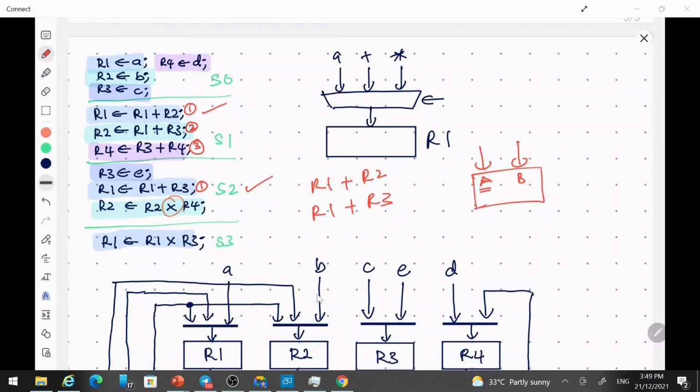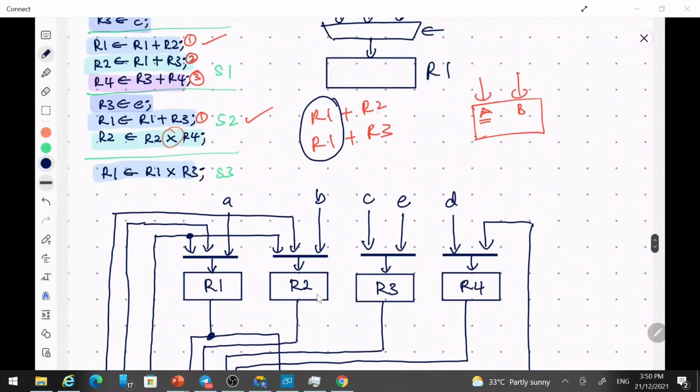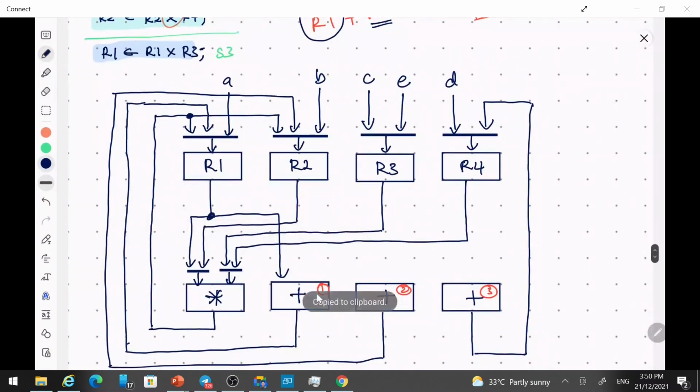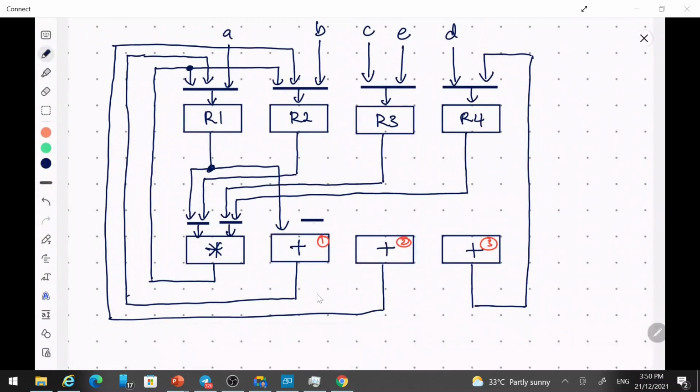For this, it is the same R1, no problem, so we can have a direct connection from R1 to here. But for the second one, we have R2 and R3, so again, we need a multiplexer here, from either R2 or R3, right? So that is for adder number one.